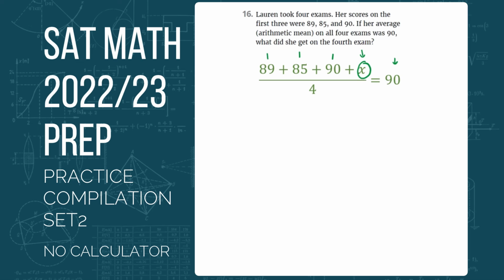I called it X. So let's solve this. 89 plus 85 plus 90 gives me 264. Plus X is equal to 90 times 4, which gives me X is equal to 360 minus 264, and that gives me 96.